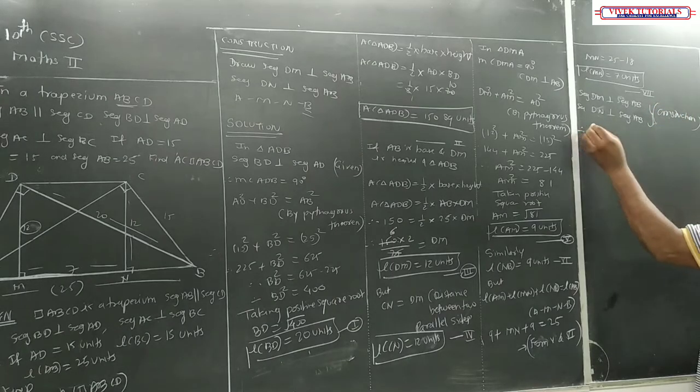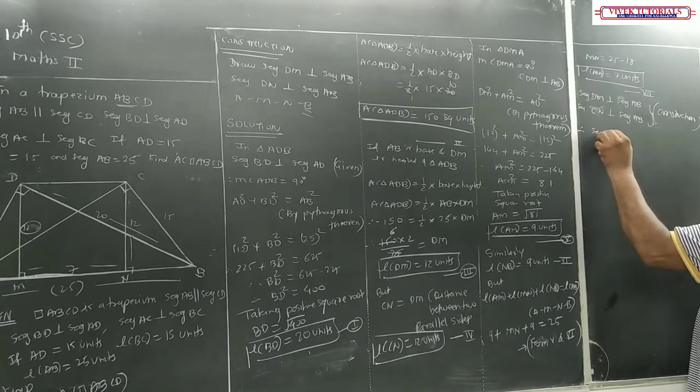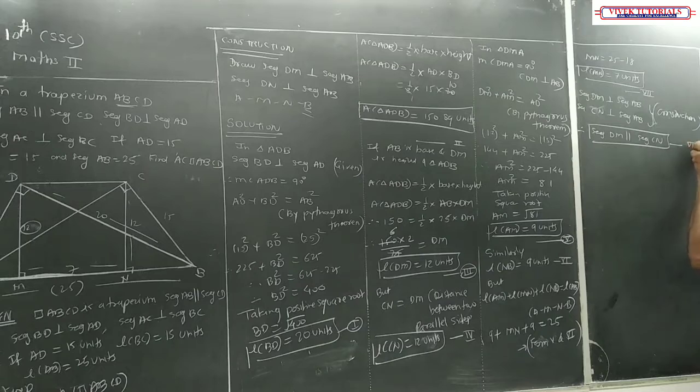Therefore, segment DM is parallel to segment CN. This I will take as statement number 8. Segments perpendicular to the same line or same segment are parallel.